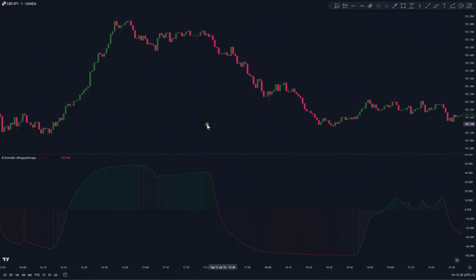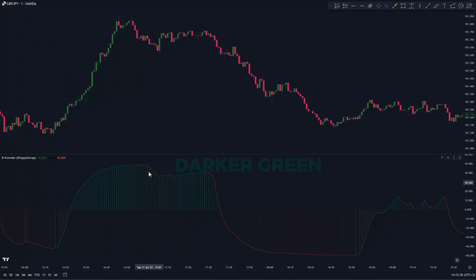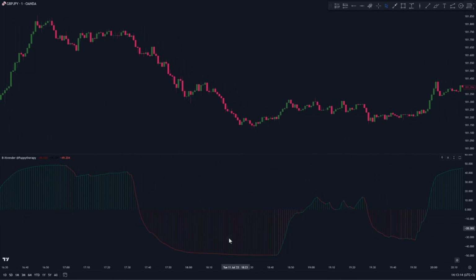The B-Xtrender histogram also changes color to a darker shade of green during a bullish trend, signaling a market pullback or weakening of that particular bullish trend. Following closely, the B-Xtrender Trendline changes its color to red to reflect this shift. Conversely, during a bearish trend, the B-Xtrender Trend Histogram is colored dark red by default. If a pullback or weakening of the bearish trend occurs, the histogram switches to a lighter shade of red, and correspondingly, the B-Xtrender Trendline changes its color to green.